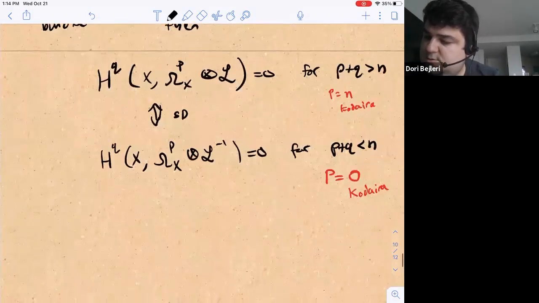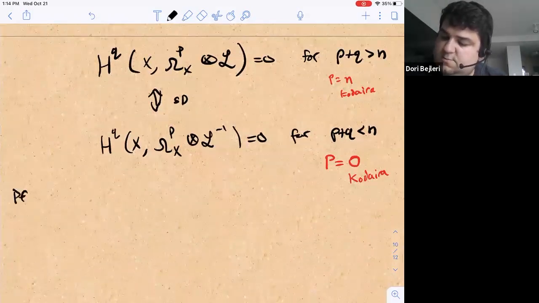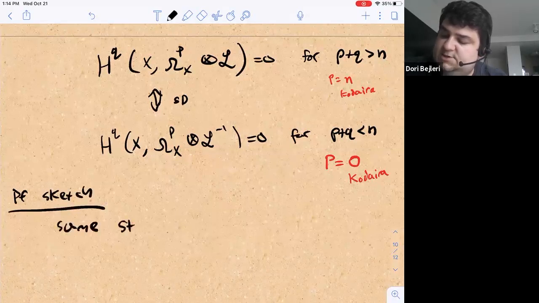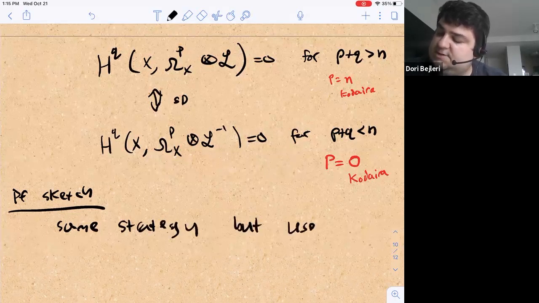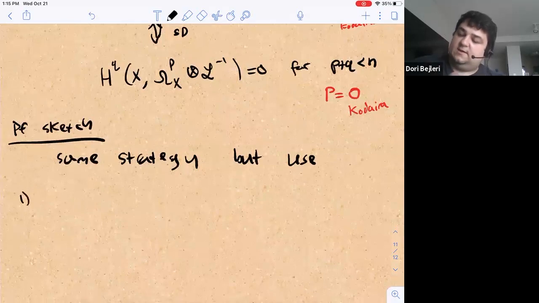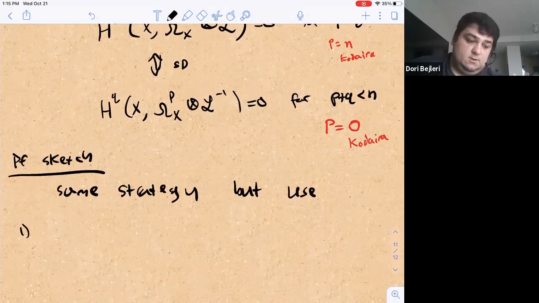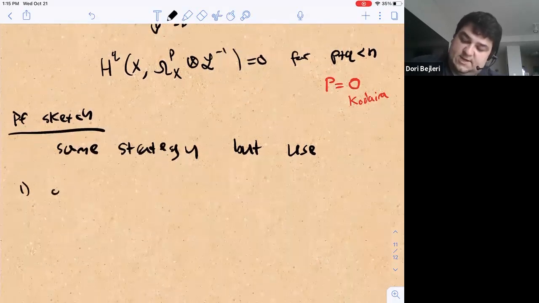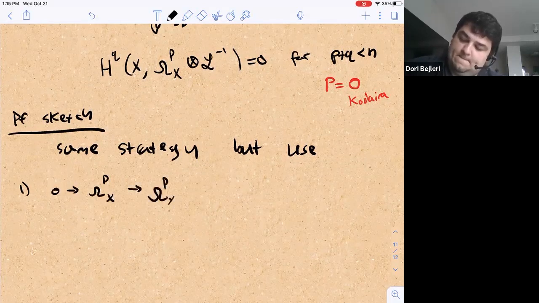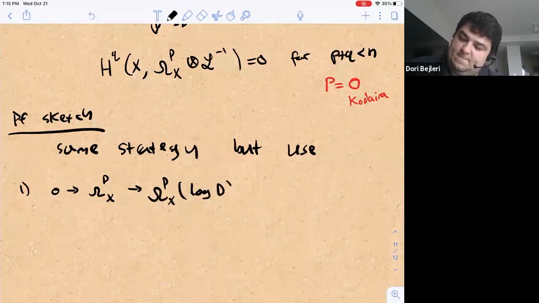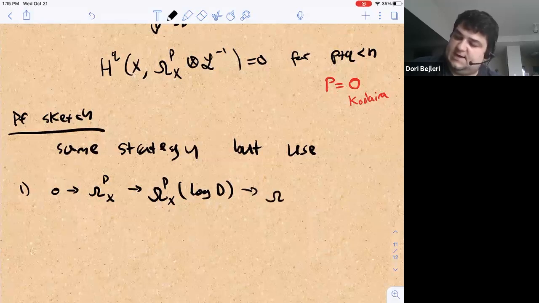So I'll just write down a proof sketch. Same strategy, but use the following two exact sequences to relate cohomology of these omega sheaves with cohomology on D. So we have a sequence that's like, with these sheaves of logarithmic differentials that I briefly mentioned a few classes ago.